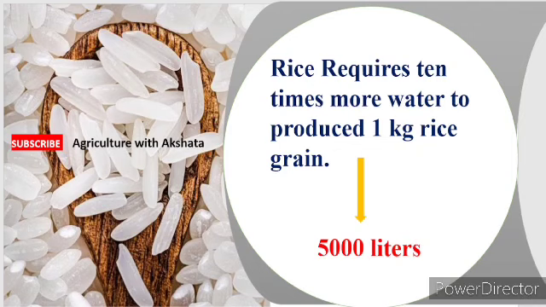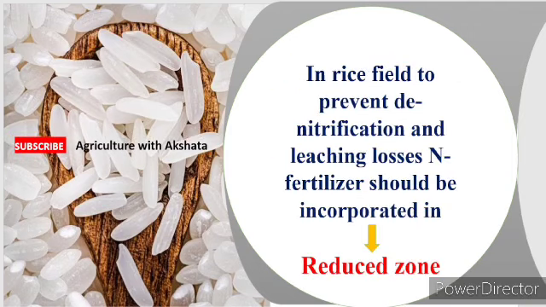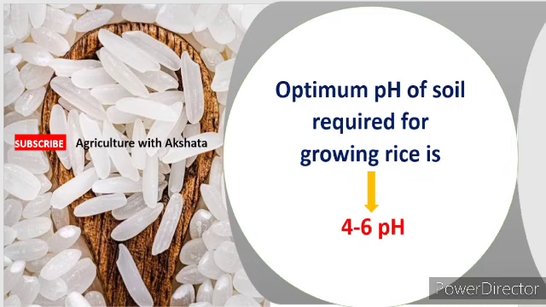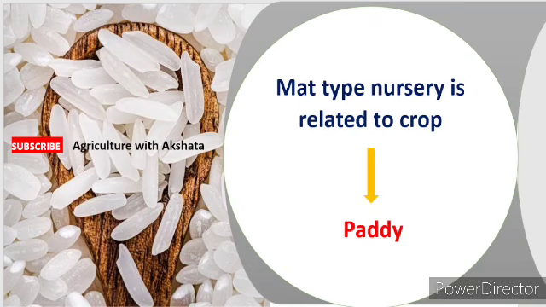In the rice field, to prevent denitrification and leaching losses, the nitrogen fertilizer should be applied in the reduced zone. The optimum pH of soil required for rice growth is 4 to 6. A mat type nursery is related to paddy.